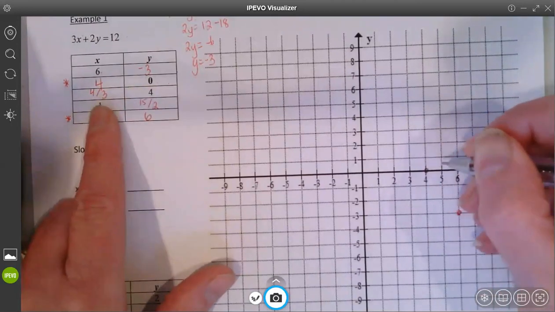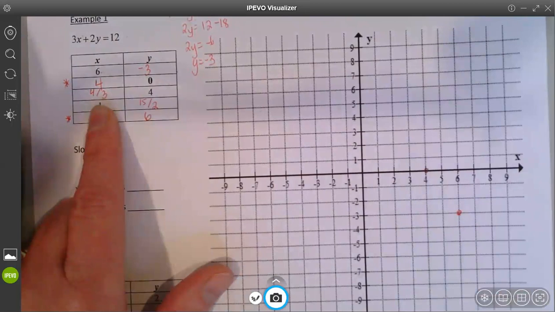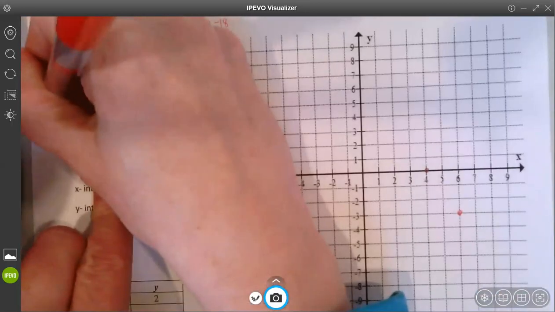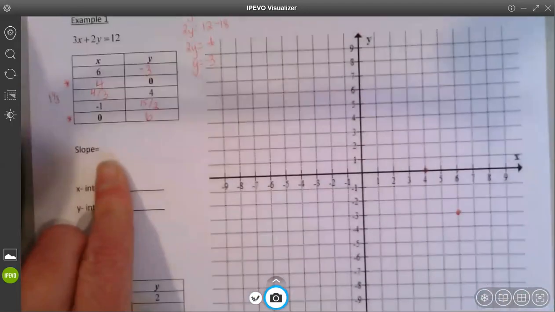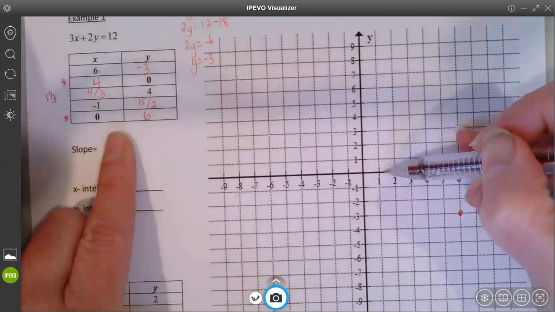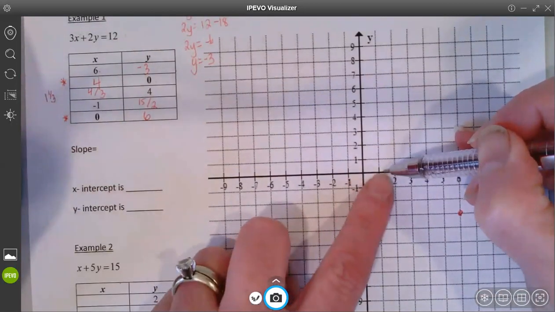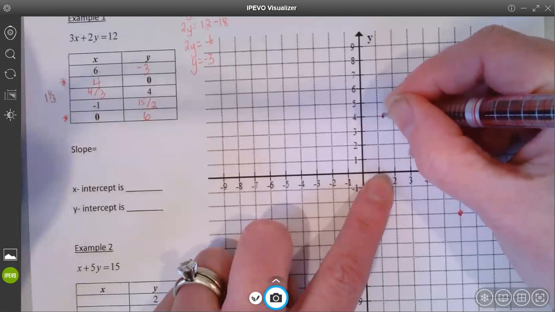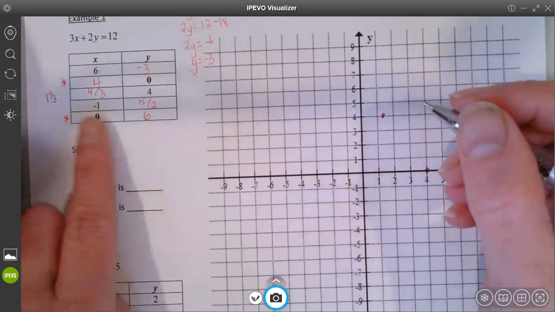Now the next one here is a little bit tricky because 4 over 3 is not a whole number. But I know that that is approximately 1 1/3 or 1.3 as a decimal. So I'm going to approximate that. I'm going to go to 1 and just past 1, and then I'm going to go up to positive 4. I'm going to plot my point, and then I'm going to continue.